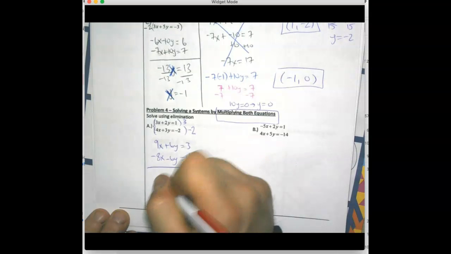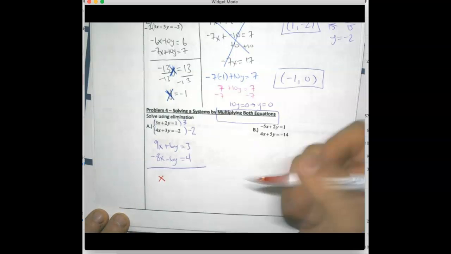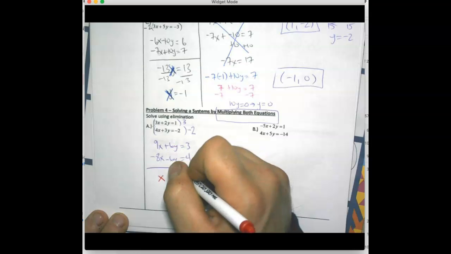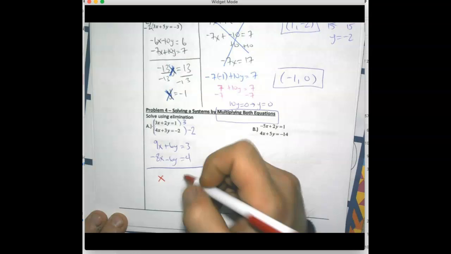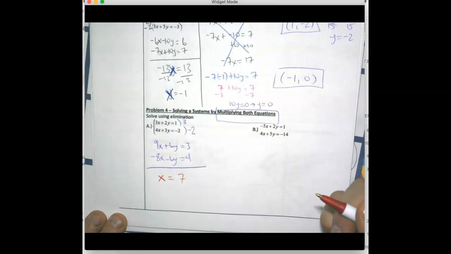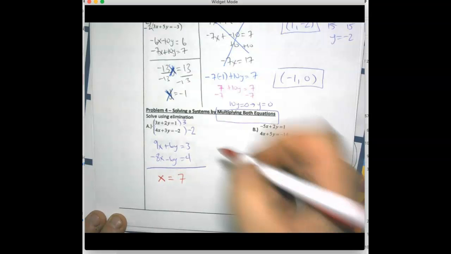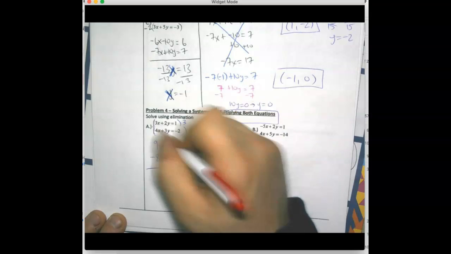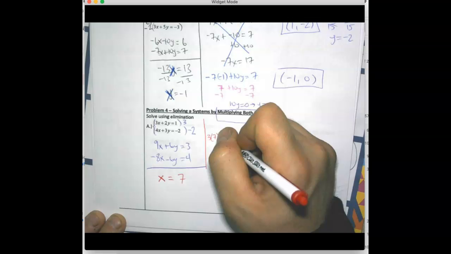9x minus 8x is x, or if you prefer 9x plus negative 8x, it's still x. 6y minus 6y is 0, or 6y plus negative 6y if you prefer, still 0. 3 plus 4 is 7. I now know what x is. I can plug that into one of the original equations. Take the top one, 3x plus 2y equals 1.